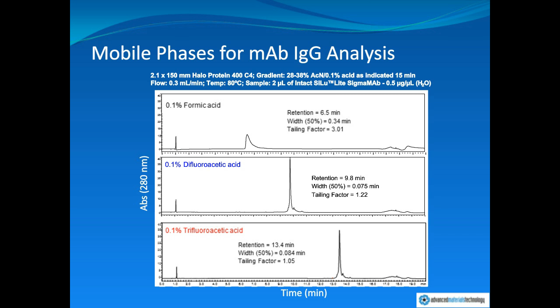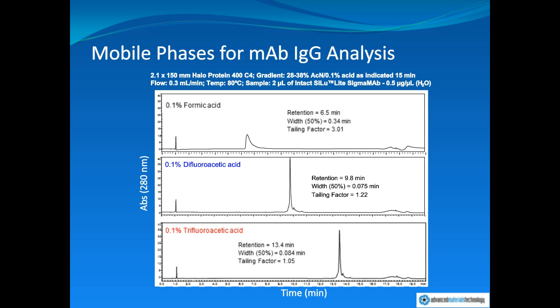If you use formic acid in a mobile phase, you get a rather broad, misshapen, and undesirable chromatographic result. By comparison, trifluoroacetic acid, shown on the bottom, gives much better peak shape clearly, and difluoroacetic acid is very similar to trifluoroacetic acid in terms of the peak shape you can obtain.